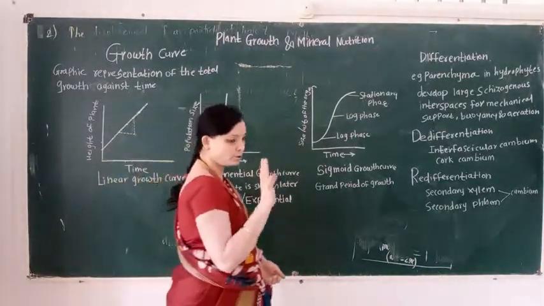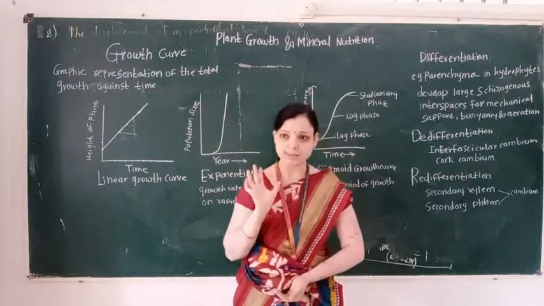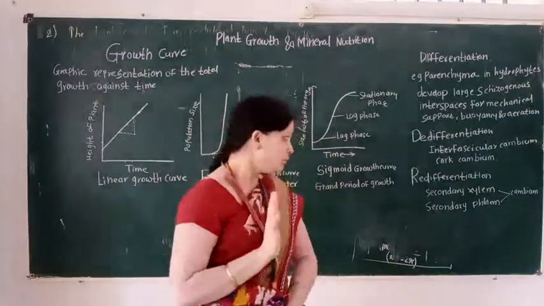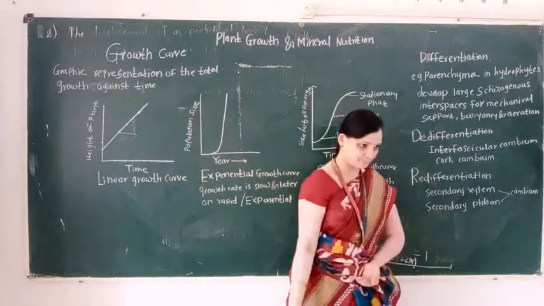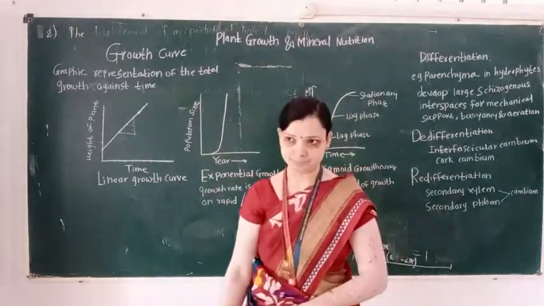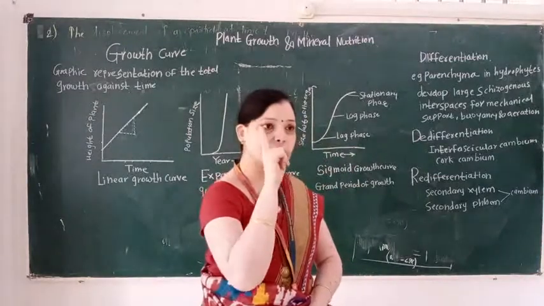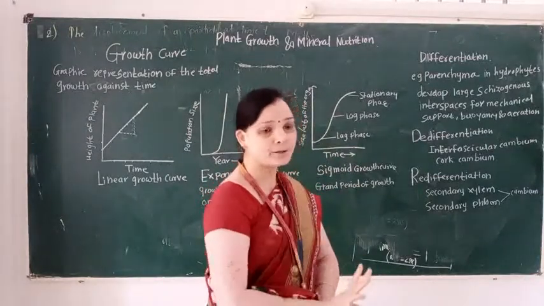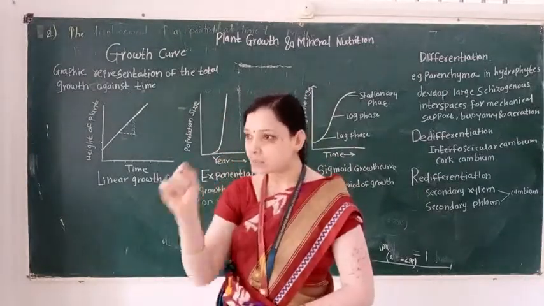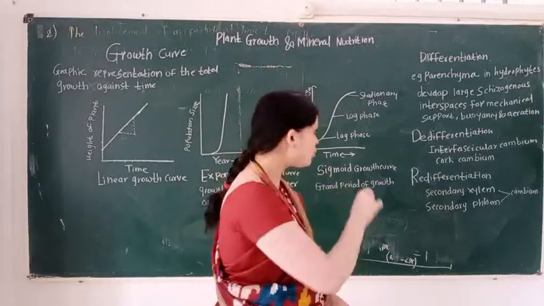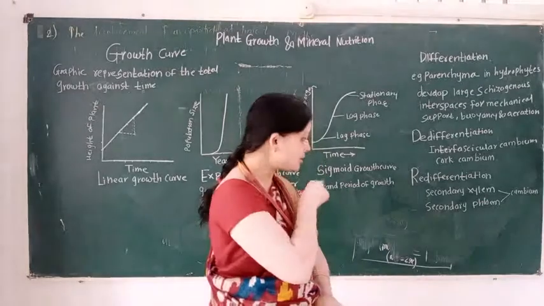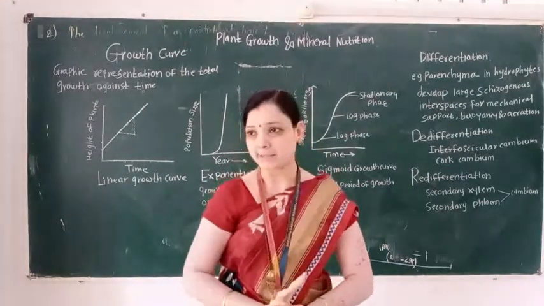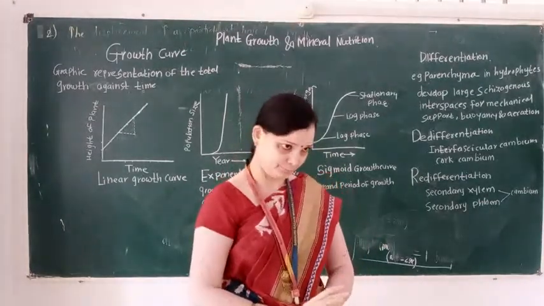So students, you understand this point. Then we learn three concepts. Which three concepts? First is known as differentiation. Second is known as dedifferentiation. And third is known as redifferentiation.